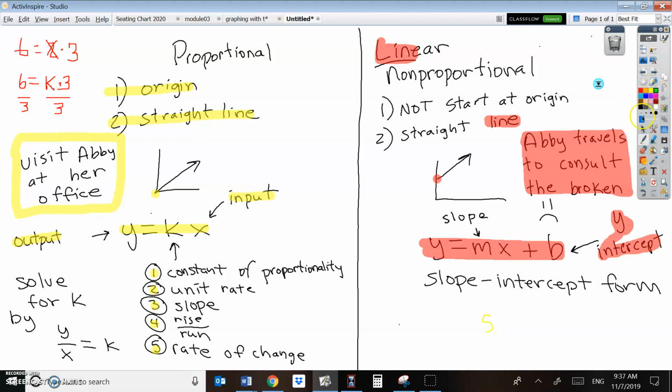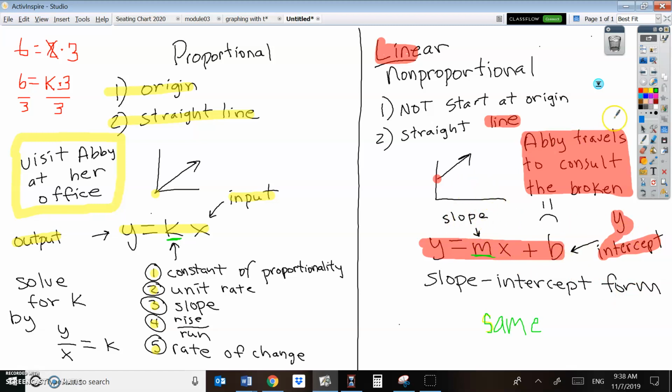Change that color to green. The slope is still the same as the constant of proportionality. And y is still the output. That's also the same. But this is slope-intercept form because it has a slope and it has a y-intercept.